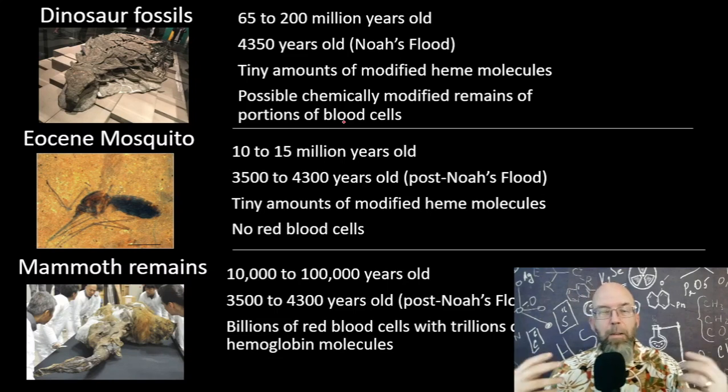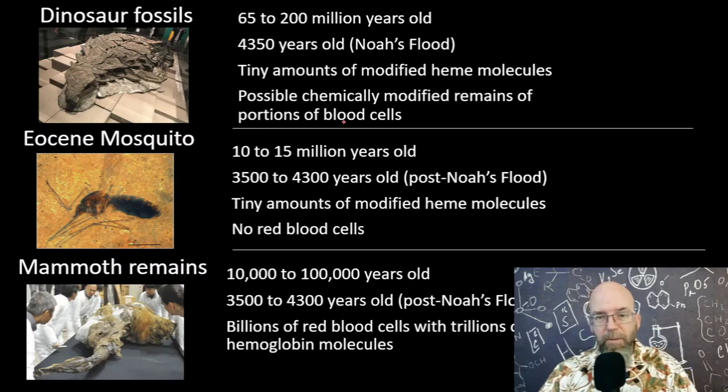And you can extract billions and trillions of hemoglobin molecules. And hemoglobin molecules are proteins, the entire protein, right? All the subunits are there. The heme is there, and the heme is basically unmodified. So after 10,000 to 100,000 years, we still have a lot of organic material that has yet to decay.